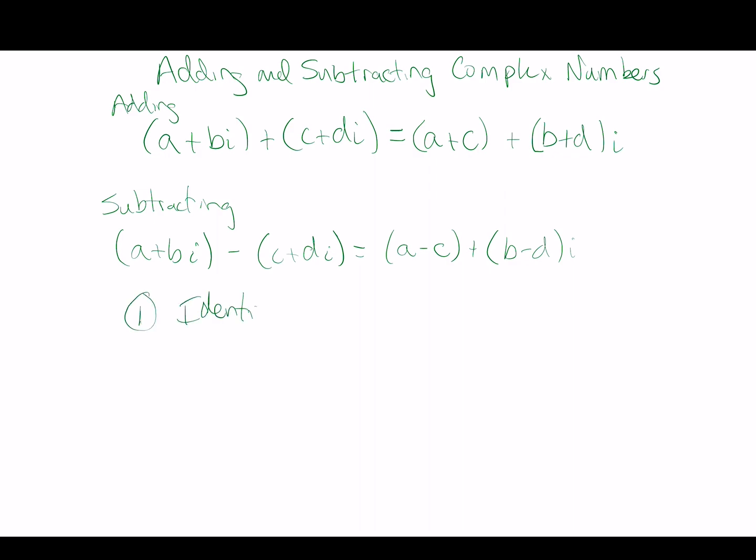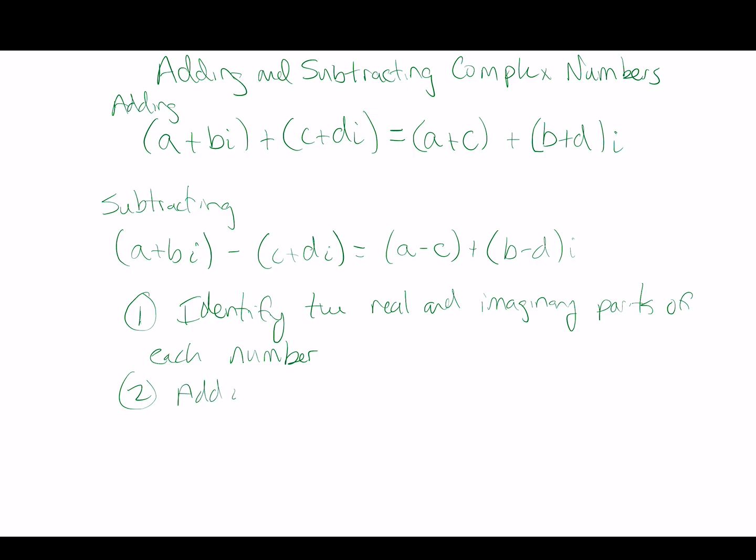We identify the real and imaginary parts of each number. Rewrite that. Then we add or subtract the real parts. And finally, add or subtract the imaginary parts.